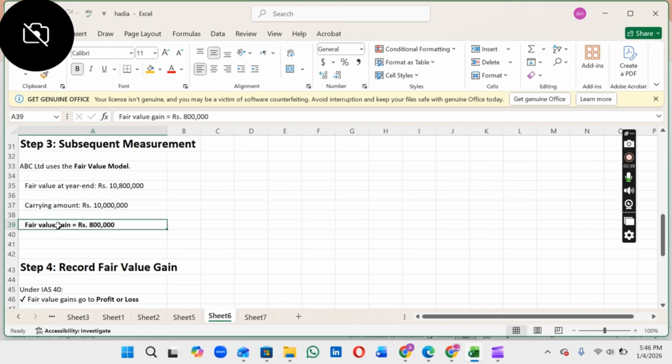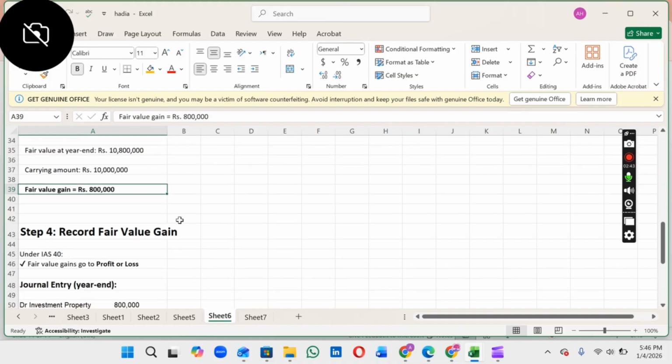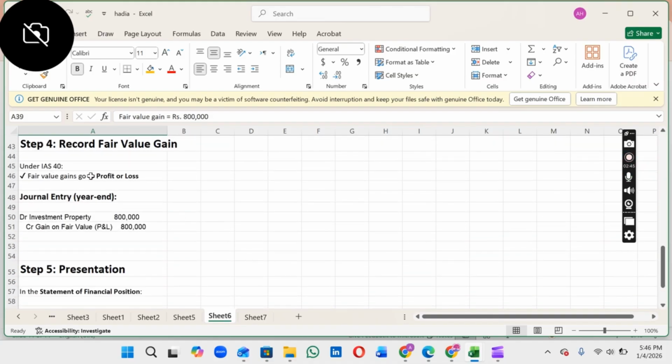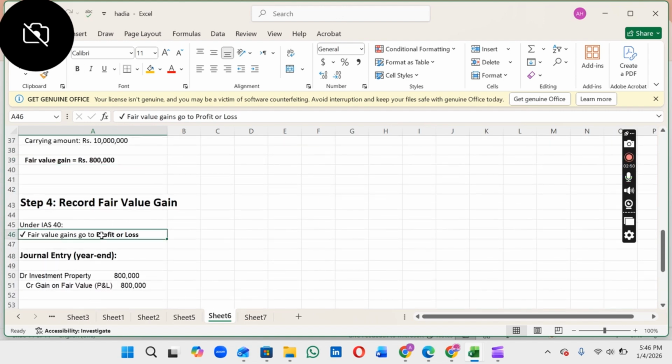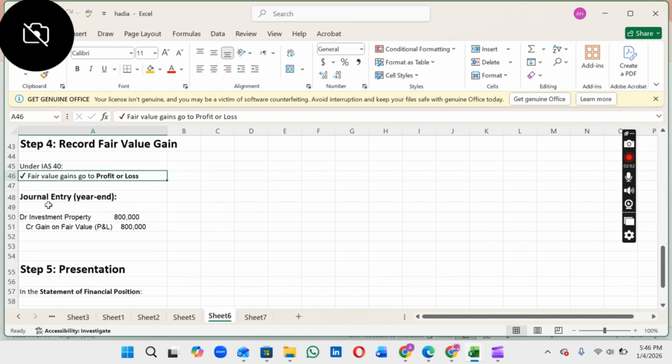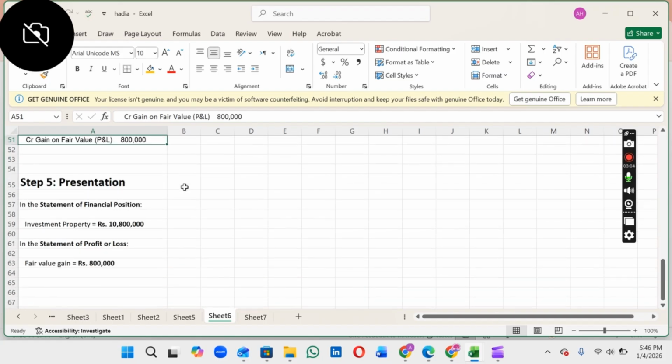Now we got a fair value gain of 8 lakh. Such gain will be recorded in profit and loss. How will the journal entry be passed for this? We will debit the investment property with the 8 lakh amount and credit the gain in P&L with the 8 lakh amount.